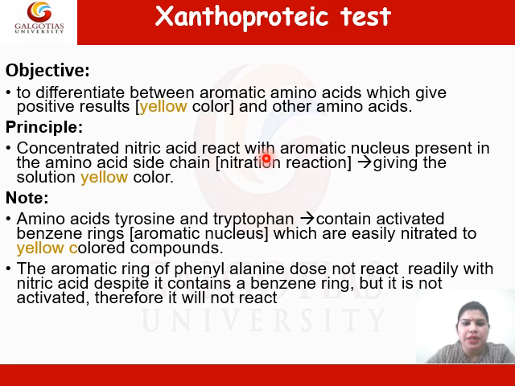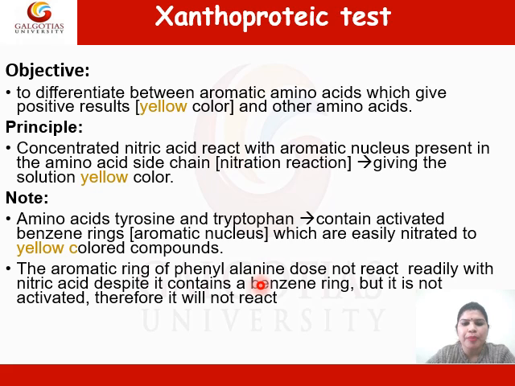What is the principle? Concentrated nitric acid reacts with the aromatic nucleus present in the amino acid side chain, giving a nitration reaction that turns the solution yellow. The amino acids tyrosine and tryptophan contain an activated benzene ring; basically, they have a heterocyclic nucleus, which is readily nitrated to give a yellow colored compound.